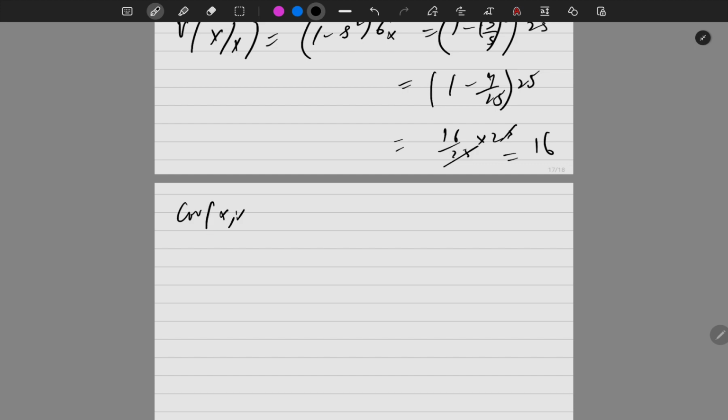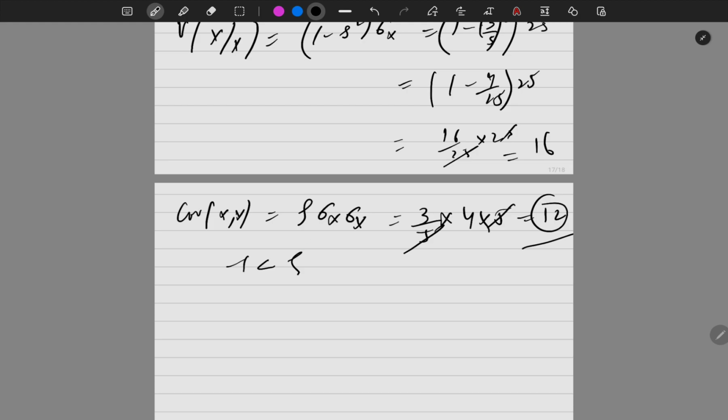Now covariance between x comma y, this is rho sigma x sigma y. As you know, this is 3 by 5 into 4 into 5. 3 4s are 12, so the covariance will be 12. If you are asked about rho, it is between minus 1 to plus 1.